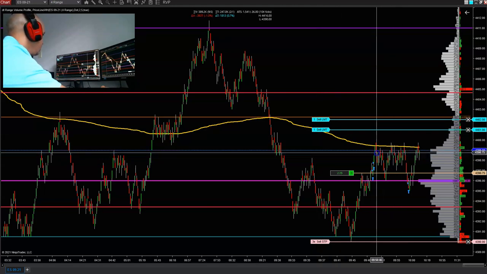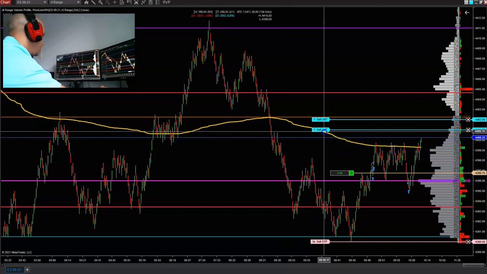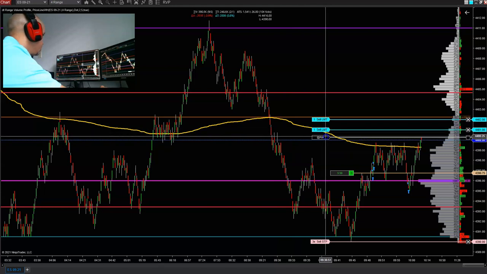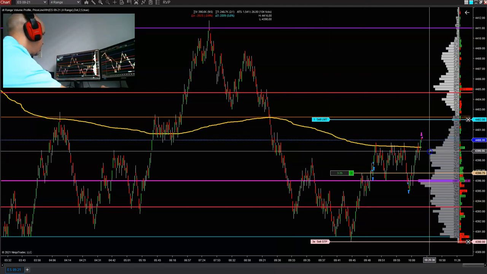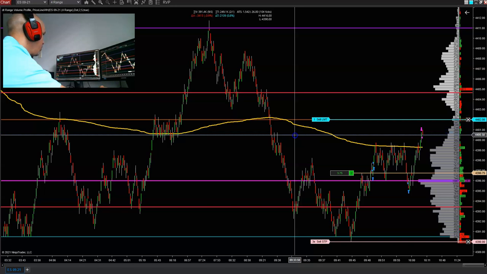We're going to have to take this level right here out to push higher. So far the market hasn't done it. What I'm going to do is take one contract out there, and I'm hoping that this is going to break this level right here at 4,400, and we just did.